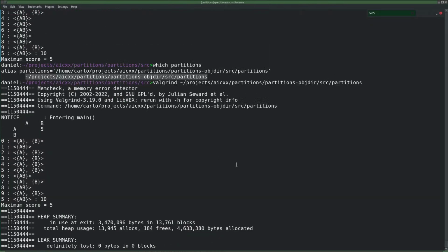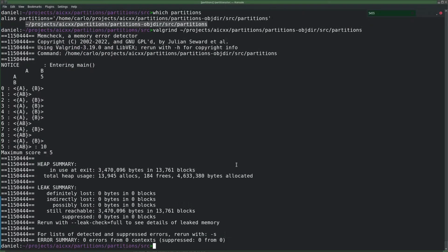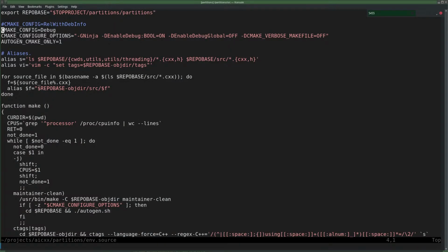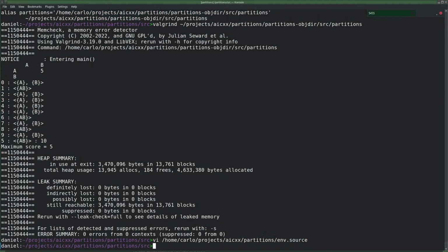So this refuses to tell me that there is uninitialized memory being used, but that should be the case. Okay, let's make this release instead of debug. I had a problem yesterday or 2 days ago too. What was it then? An uninitialized standard array.